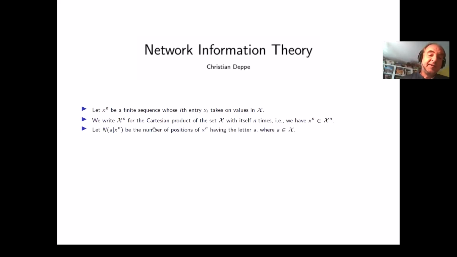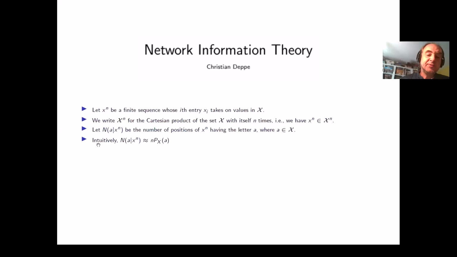Now we introduce this notation here, N_a(x^n). This denotes the number of positions of x^n having the letter a, where a is in X. So for example, for the first sequence we have here, if a is 0, N_0(x^n) is 18, and N_1(x^n) is 0, because there is no 1 and there are 18 zeros.